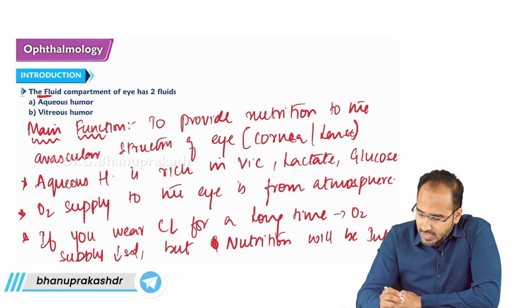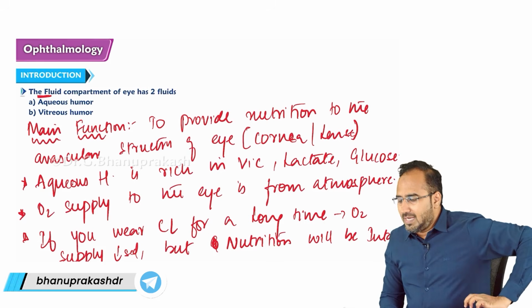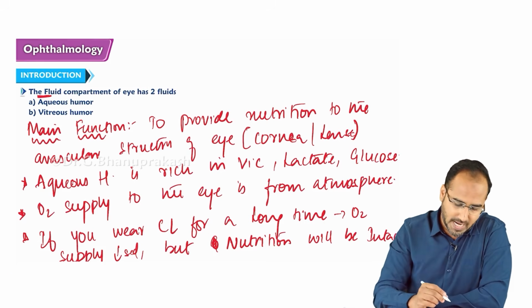Okay? Now, the lens is anaerobic, guys. 85% of the ATP is synthesized by anaerobic respiration.